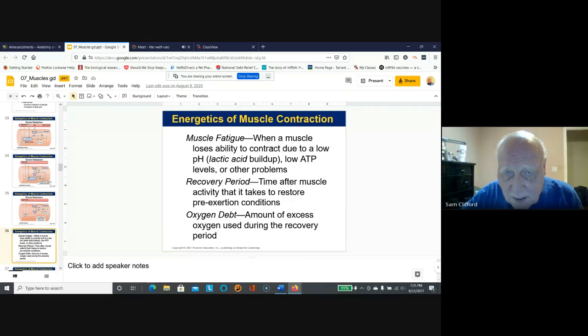Muscles obviously get tired when they run out of ATP. They have to recover, and they have to wait for oxygen levels to go up. Everybody knows that muscles can lose their ability to contract, and it takes a little while to get more ATP and more oxygen to restore the contractility of the muscles.